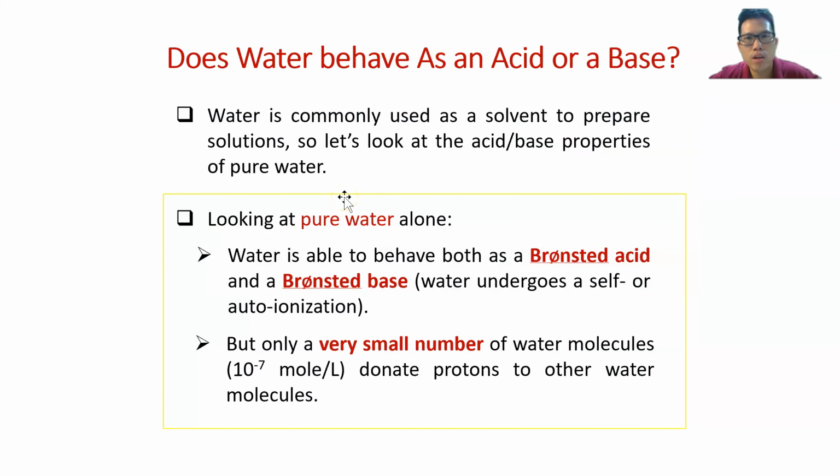So water is commonly used as a solvent to prepare solutions. Let's look at the acid and base property of pure water. When you're looking at water, it can behave both as an acid and a base. But the thing is that it only dissociates very little. Most of the time it's going to be in the water molecule form.